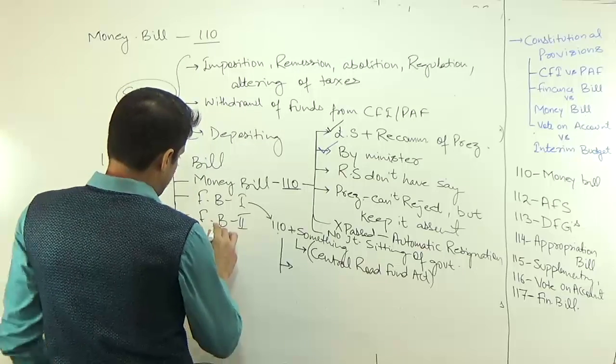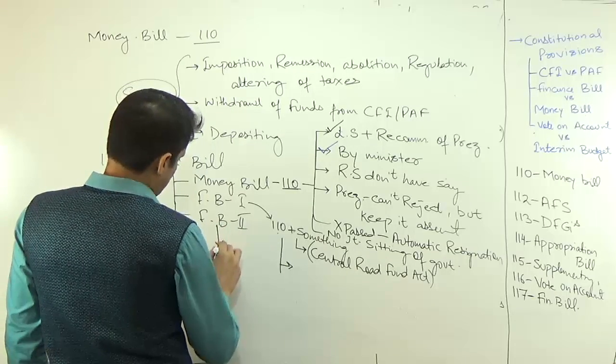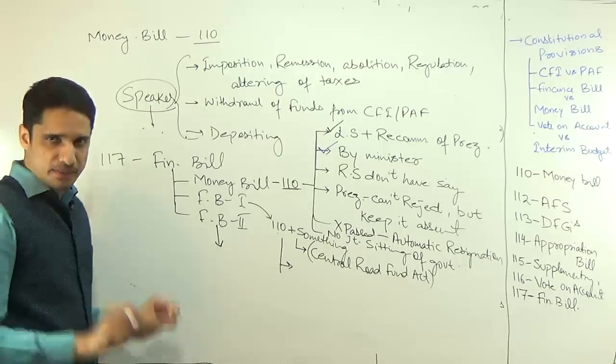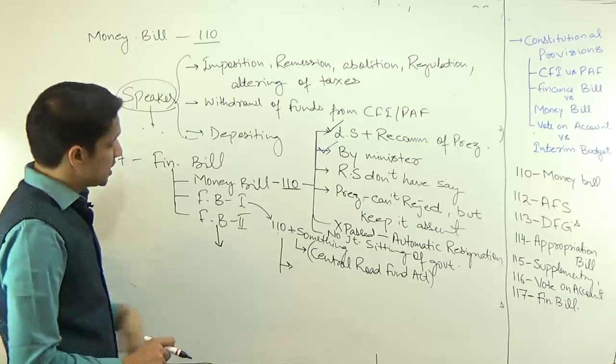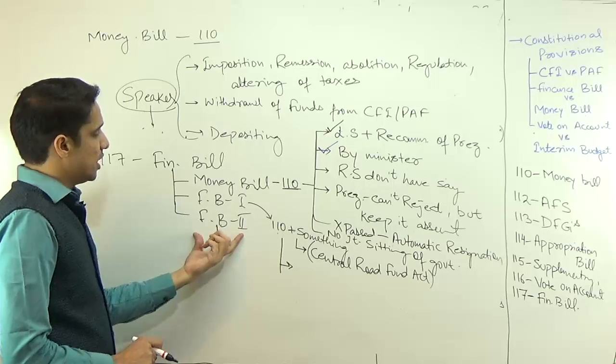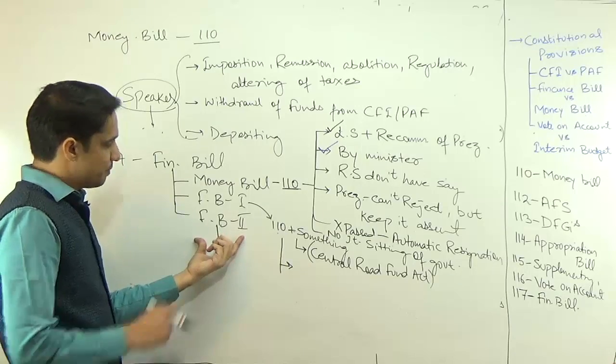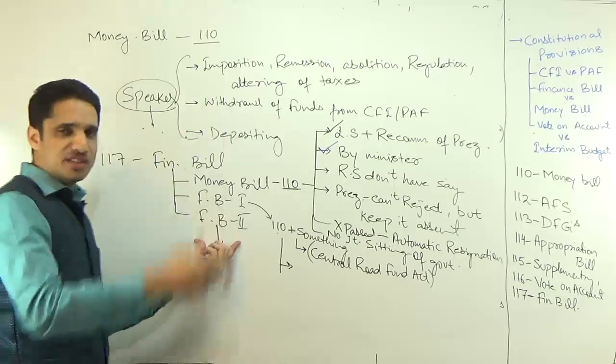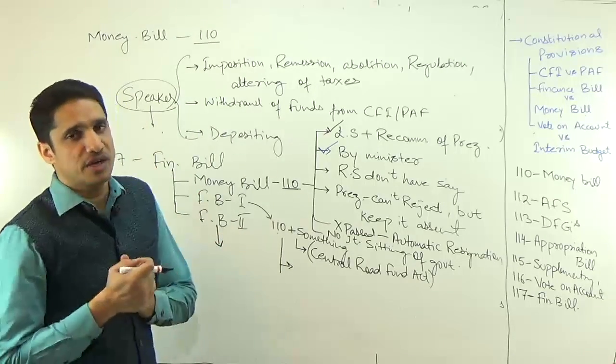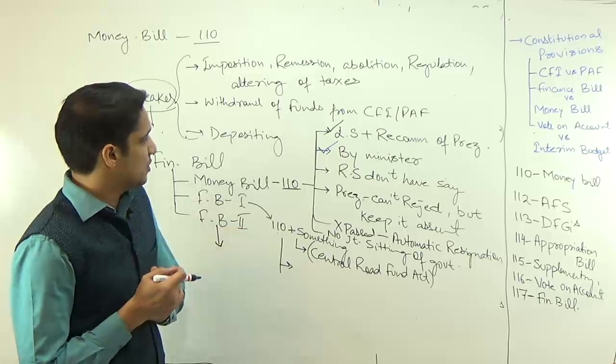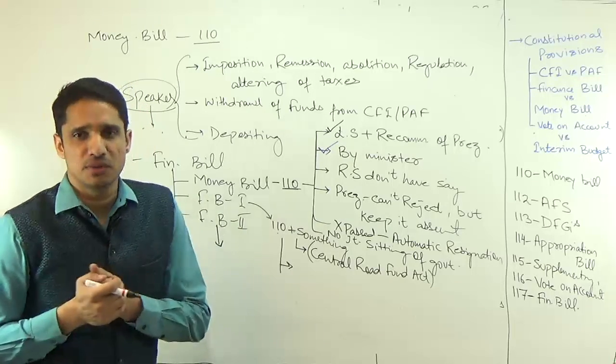And then we have finance bill 2. Finance bill 2 is like an ordinary bill, except... and what constitutes finance bill 2? It constitutes a bill whose provisions are related to withdrawal of funds from the Consolidated Fund of India. The example can be, suppose you want to decide the emoluments of the President.